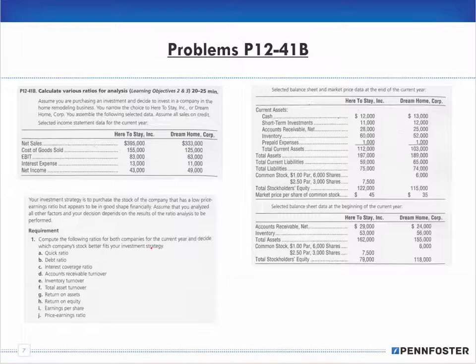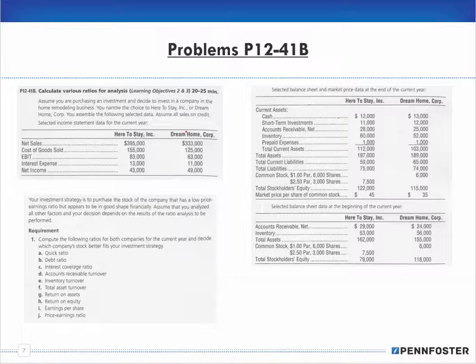So just as a quick aside, realize that this is the whole purpose behind this chapter. This problem and the next one are about why you do financial statement analysis, because you're going to invest in one company or the other. How do you tell which company to invest in?